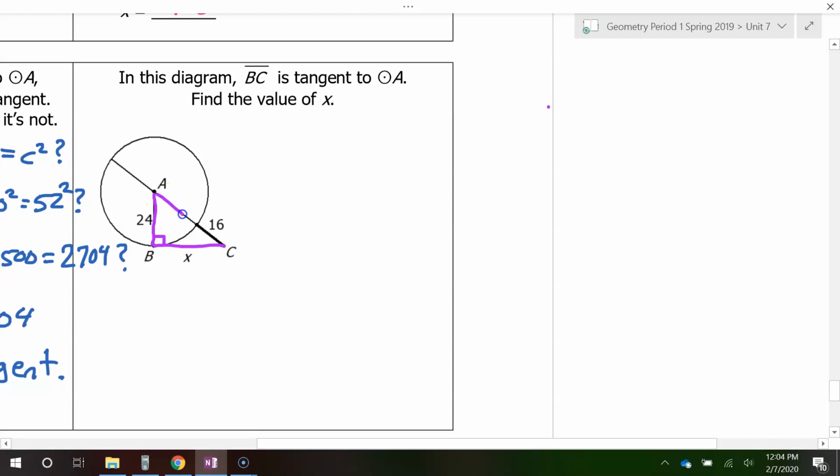But before I go all the way there, I need to know what this little part right here is. Can you see that this purple piece is going to be 24 because it is a radius, and we already have a radius of 24. So every radius will be 24.